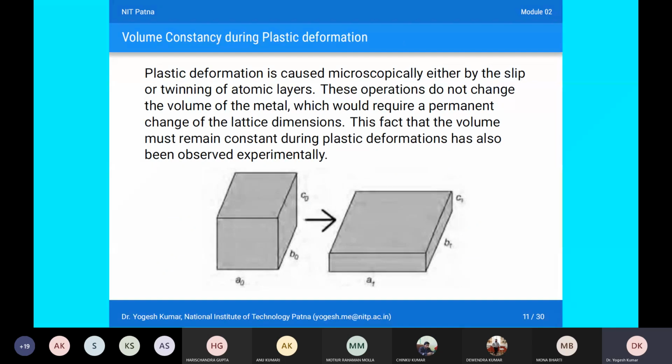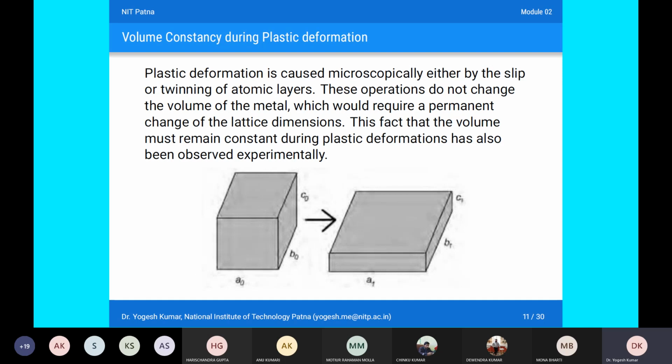Because during the plastic deformation we have your metal strip, and its volume is not going to change. We are aware. So during the plastic deformation, since it is caused microscopically, either by the slip or twinning of your atomic layer. So what is slip or what is twinning, we will discuss in the next class.